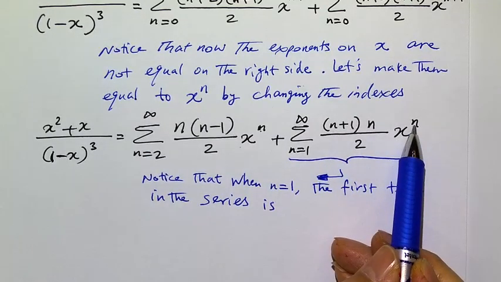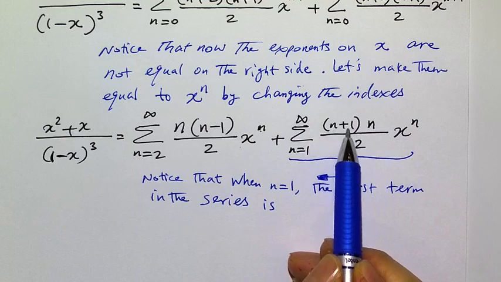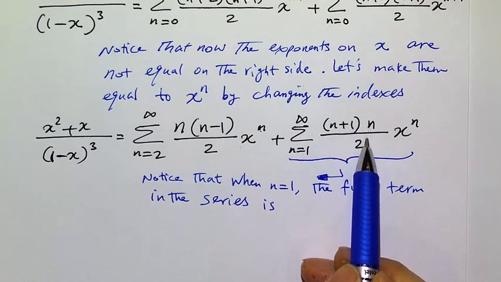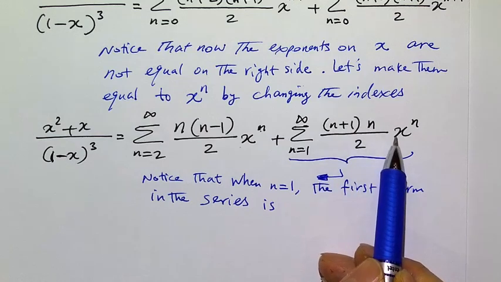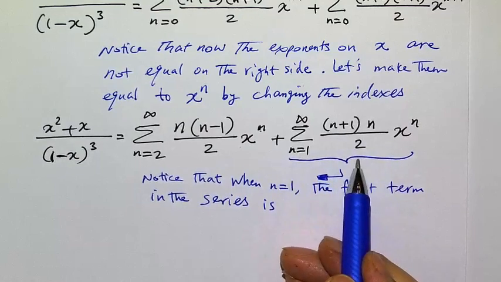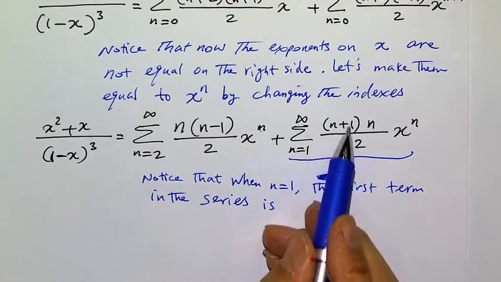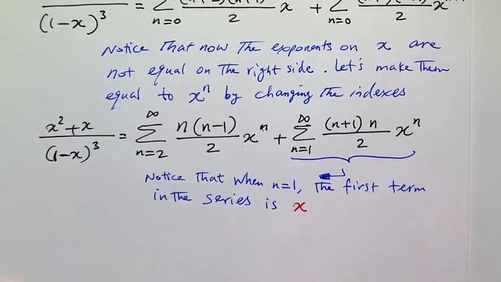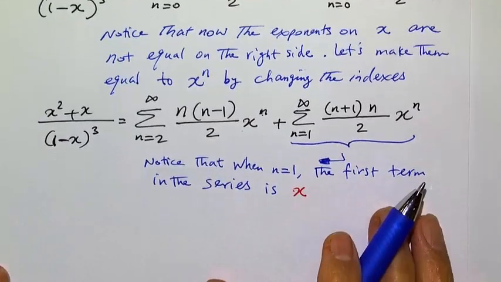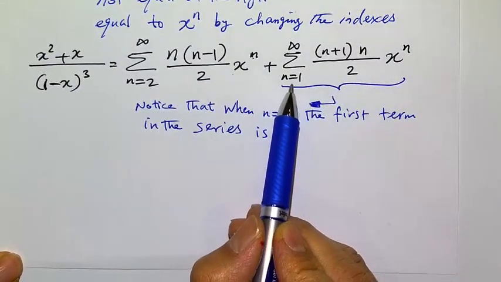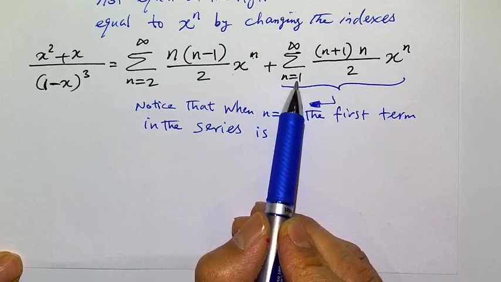We get x to the 1 power, x. 1 plus 1, 2n, 2n over 2. The 2's cancel out, and n is just 1, so 1 times x is just x. So the first term in this series, if you calculate it for n equals 1, you get x. If we do that, that will help us change this index to 2.